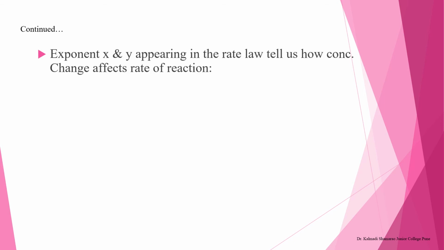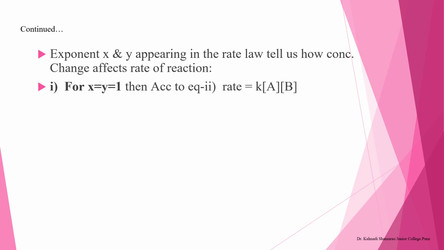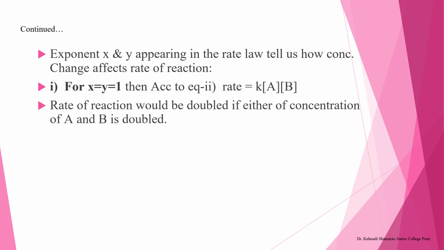Now the exponents x and y appearing in the rate law tell us how concentration change affects the rate of reaction. First, for x equals y equals 1, rate equals K into molar concentration of A into molar concentration of B. The rate of reaction would be doubled if either of the concentration of A and B is doubled.